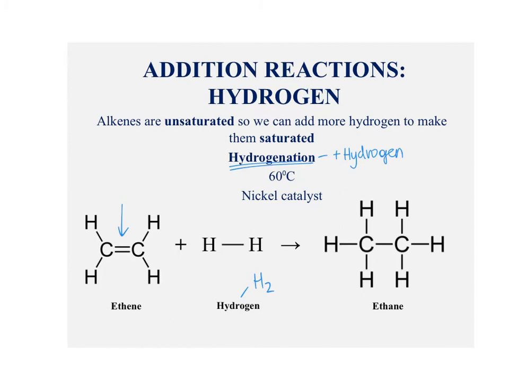Hydrogenation of alkenes to alkanes has to be done at 60 degrees and in the presence of a nickel catalyst, and the chemical symbol for nickel is Ni. What that addition of hydrogen does is make our double bond split in the same way that adding a halogen does, and it produces a very simple alkane.